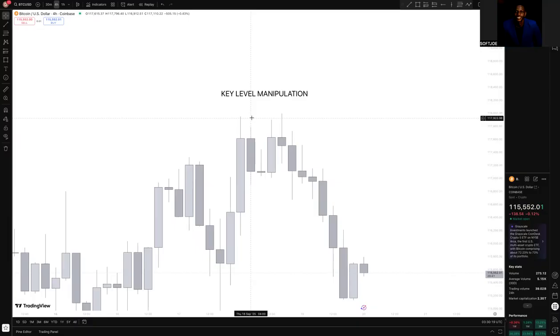It's not just a fancy word, there is value you are going to get following through. So what is key level manipulation? Key level manipulation refers to forced breakouts, sweeps, or engineered moves around a key support or resistance level, designed to trigger retail orders and provide liquidity for institutions.